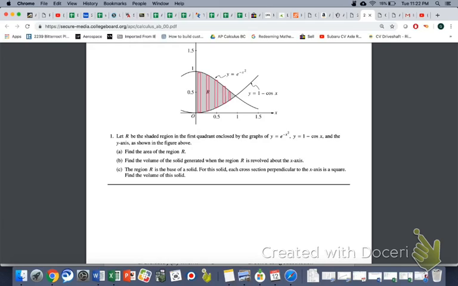In other words, I'm not going to have to split. So the top of the rectangle and the bottom of the rectangle will be consistently determined by the same two curves. No need here to split up into two separate integrals.